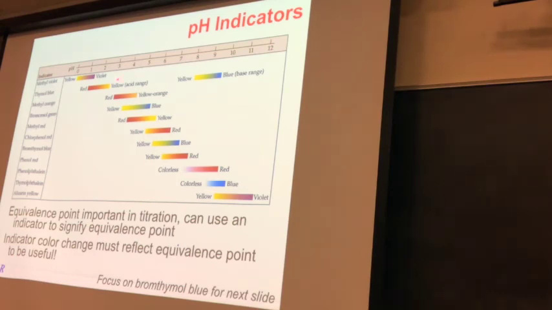Because if you started at a pH of 0, which is possible with super concentrated things, it would be yellow, and then you add just a little bit of base, it should start going violet. So indicators are great color cues to let you know that you're moving into a different pH range.